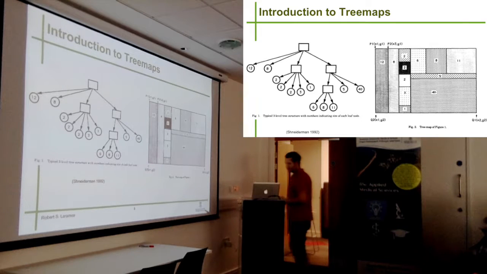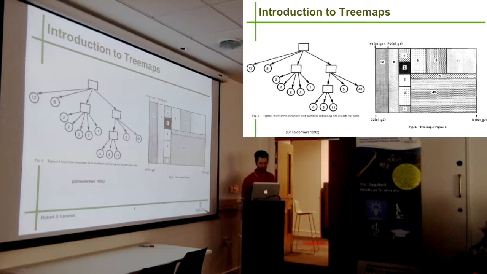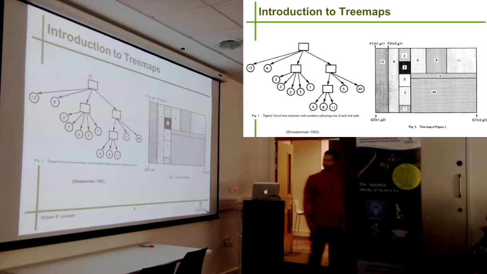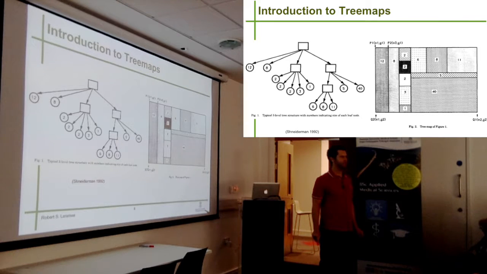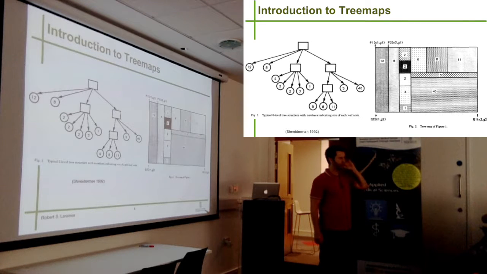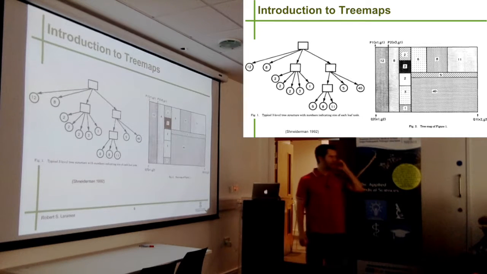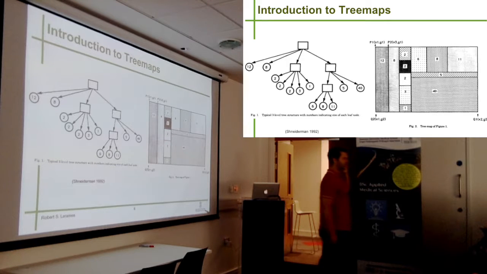So imagine you have hierarchical data. On the left here, that's hierarchical data. Very, very common, right? Can anybody think of a very common source of hierarchical data that you encounter on a daily basis? Budgets. Budget could be an example, yep. I wouldn't say it's the most typical example.